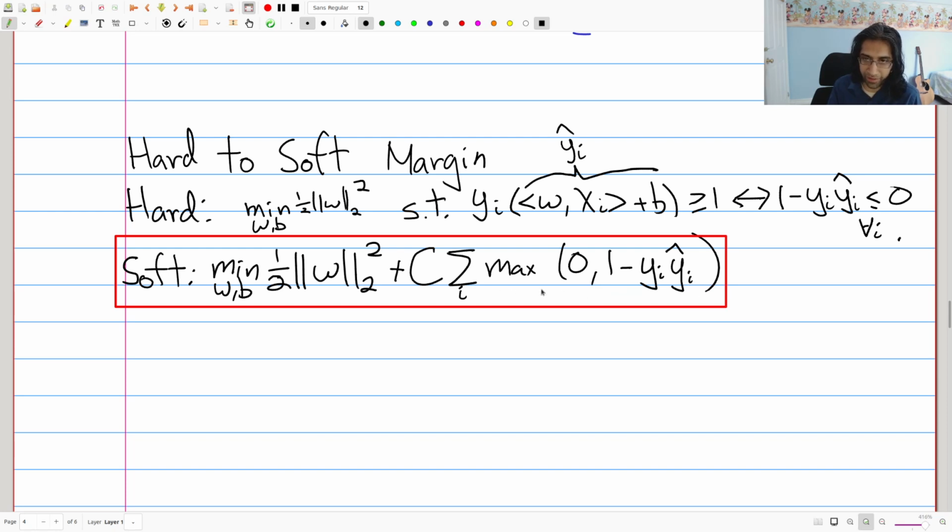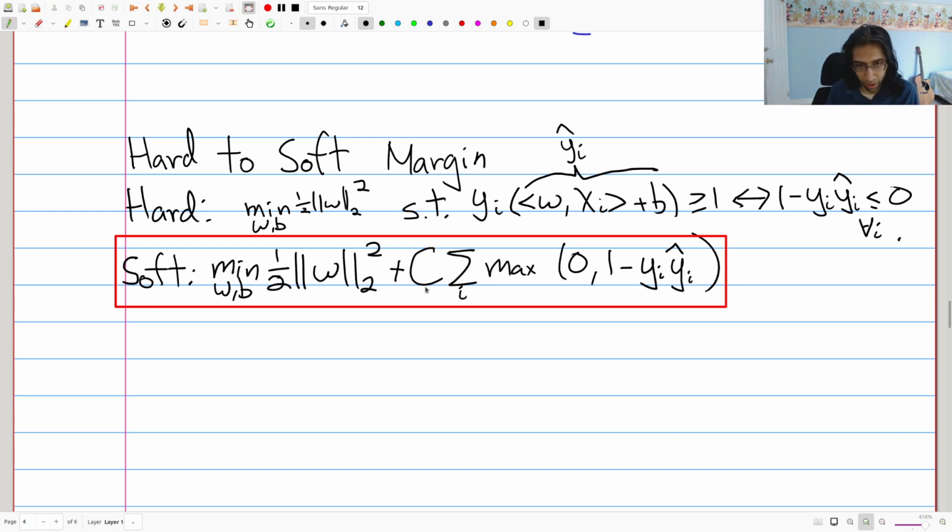And in fact, if you have this property for all points, then the loss function is going to be exactly the same, in the sense that you'll only pay based on the L2 norm of the parameter vector. So that's great. But now what we're saying is that we're going to allow you to have values which are greater than 0. But if you have a value that's greater than 0, then you pay linearly in your overall loss function based on how much you go over the line.